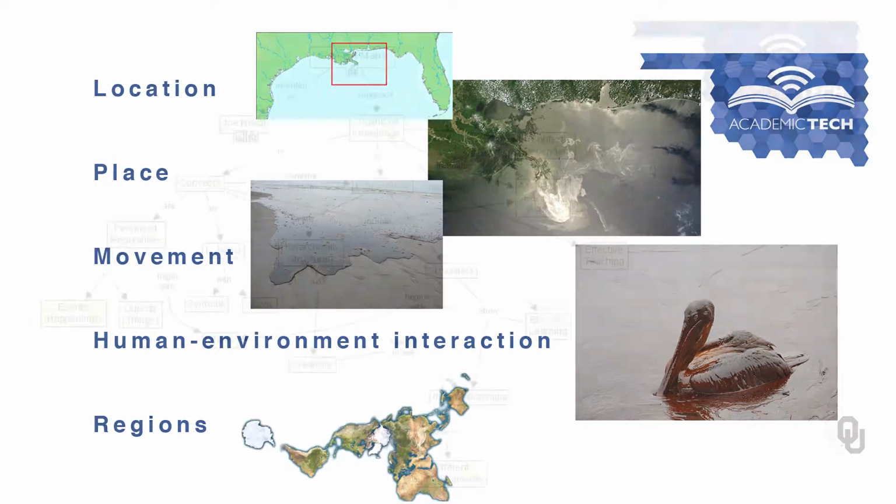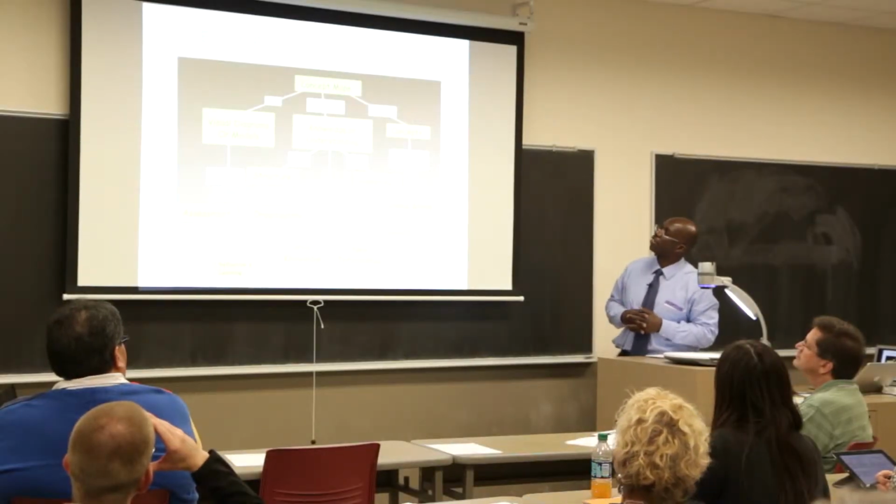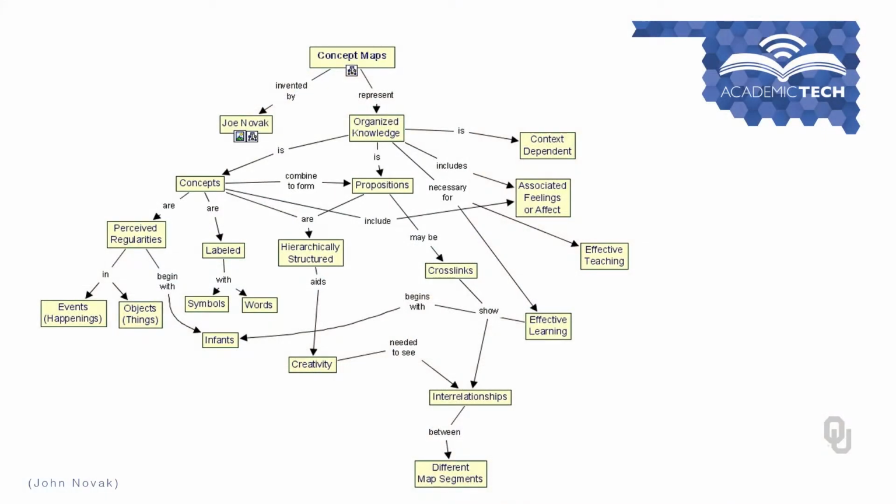This concept map was developed by Novak as a way to help educators to see the rationale behind helping students to connect different concepts and different ideas within different disciplines. And I just want to explain what makes up a concept map.